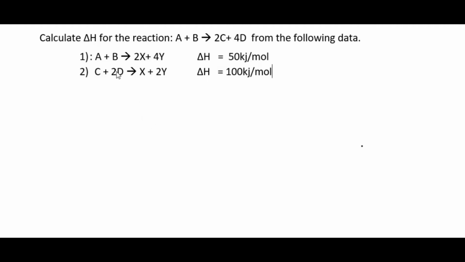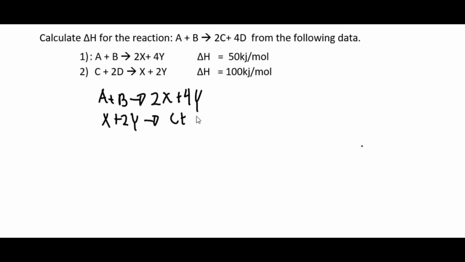Then we have to transpose this to the other side. So a plus b to x plus 4y, x plus 2y, and c plus 2d. There you go.